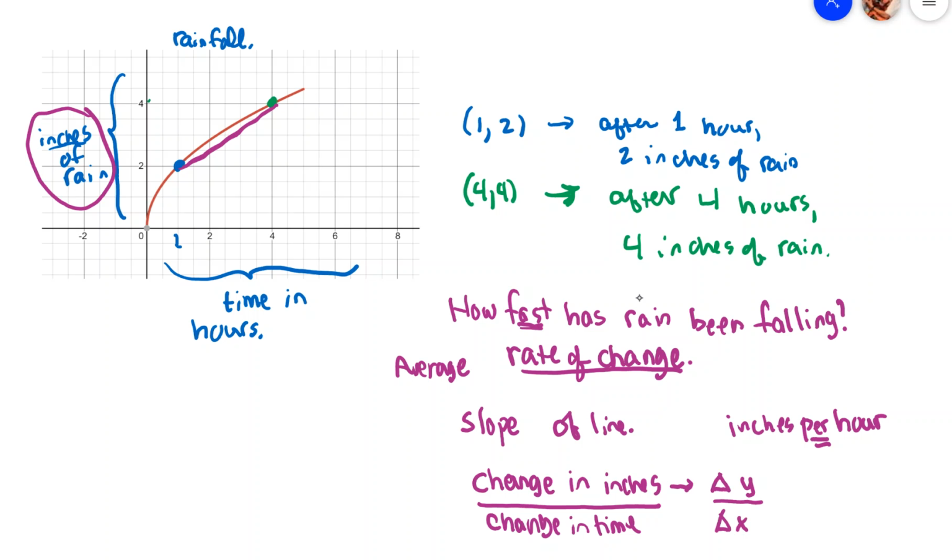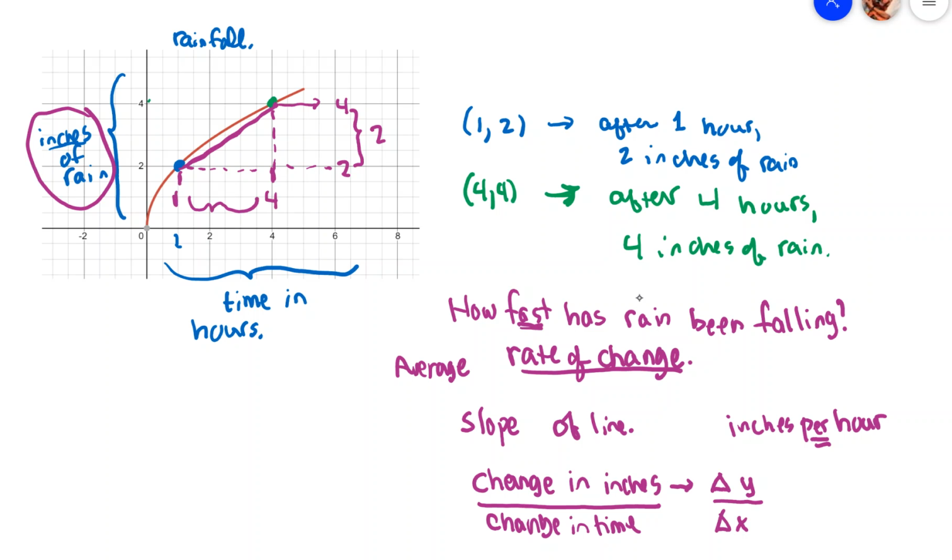Now, how do I calculate these things? Well, I can just look on my graph and I see that the y value here is 4 and the y value here is 2. So the distance between those is 2. It's 4 minus 2. And I can look on my x-axis. The x value here is 4 and the x value here is 1.